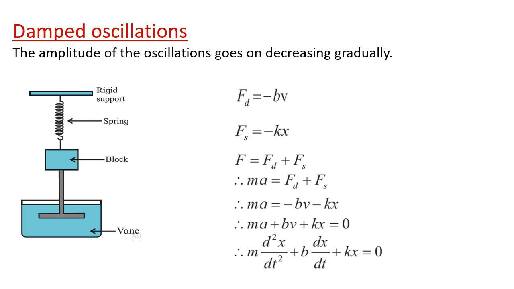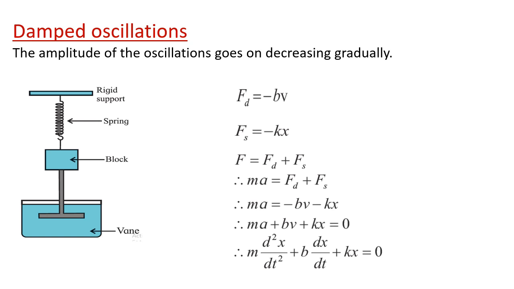Okay, and from the block there is a rod which extends to a vane, and it is submerged in a liquid. Now as this vane moves in the upward and downward direction, this liquid will exert a viscous drag, and thus the complete oscillating system will also experience this viscous drag.